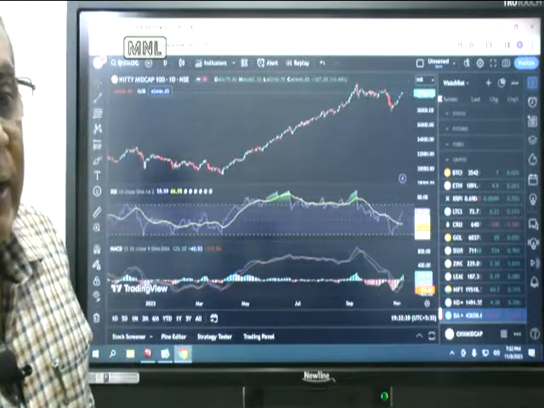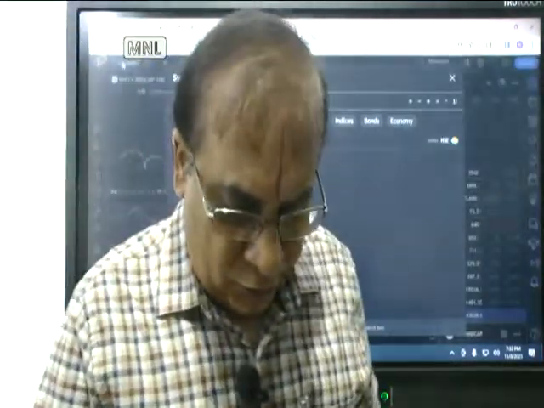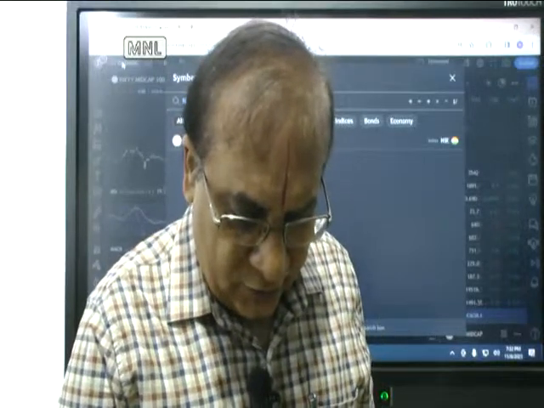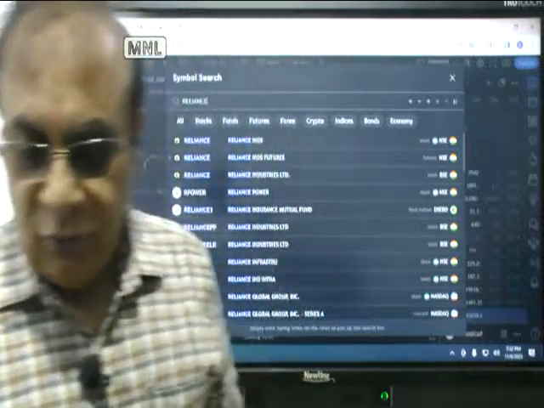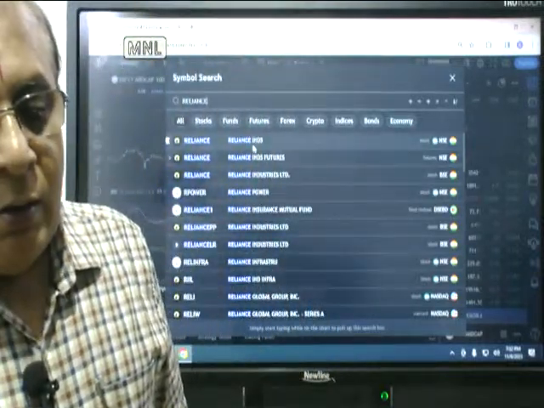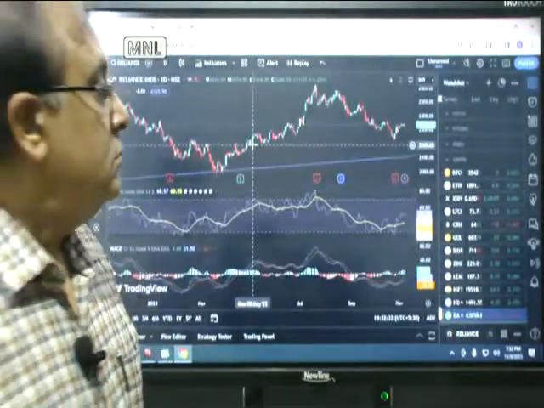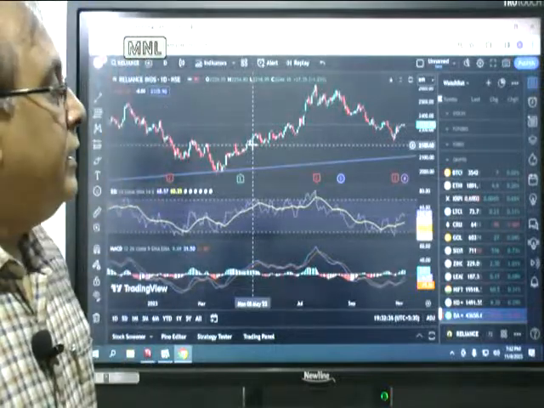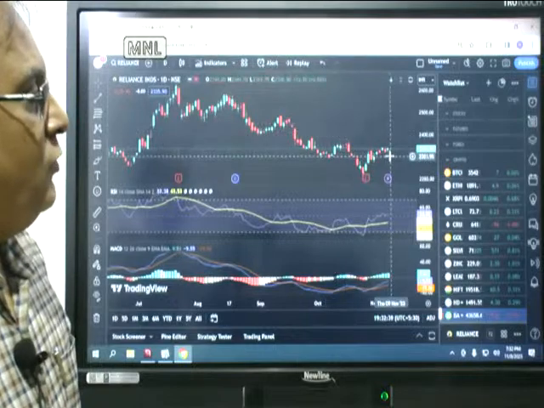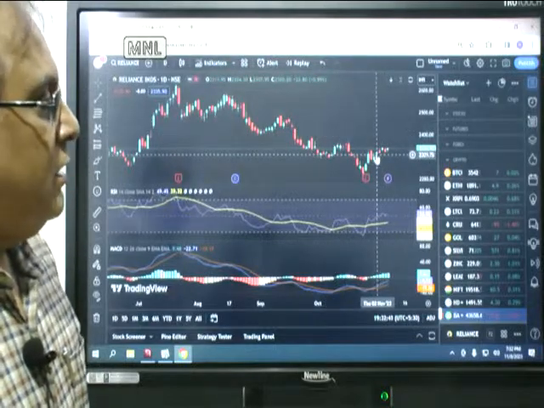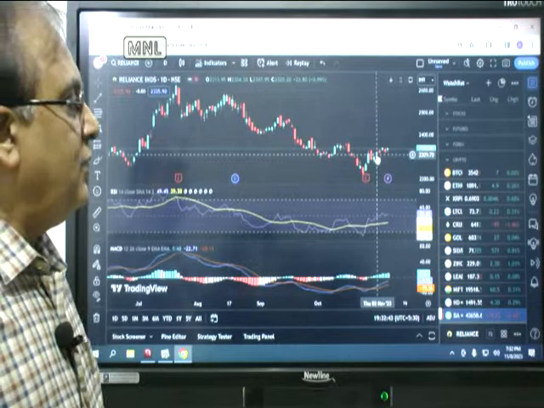Now let us look at the individual stocks. Let me say Reliance, the biggest stock, Reliance, ICICI, Titan. Then we'll go to some mid caps. Okay, Reliance on a daily chart doesn't look great. Small bars are being made. There are no big bars here.